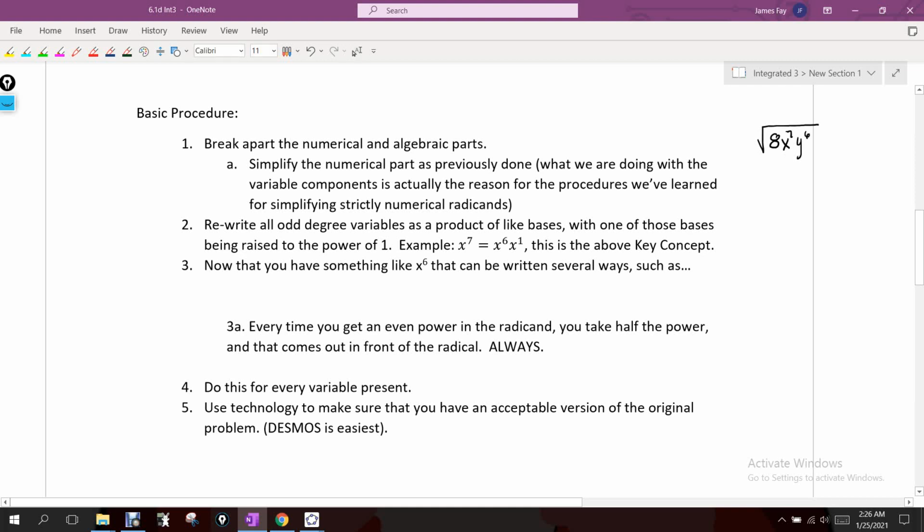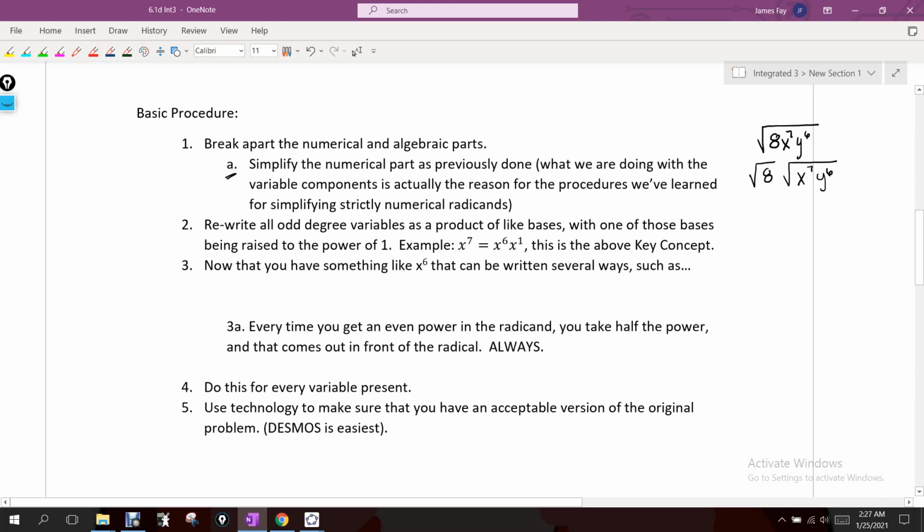It says break apart the numerical and algebraic parts. What I mean by that in step 1 is to take the radical 8 and write it in its own radical, and then take the algebraic parts and rewrite them. 1a says then simplify the numerical part as previously done, as we've worked on for almost 3 weeks.